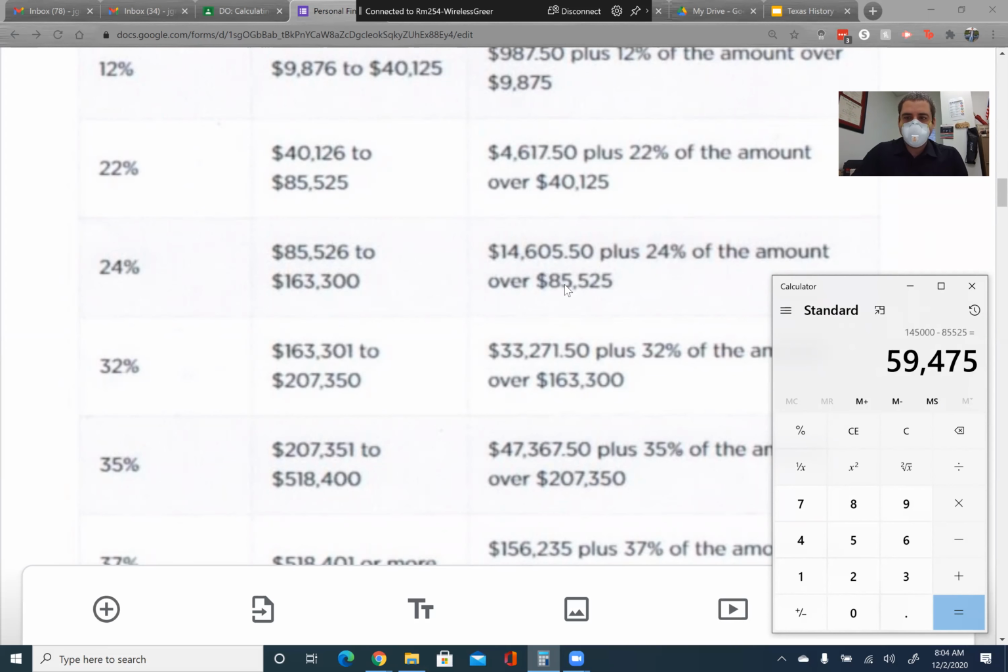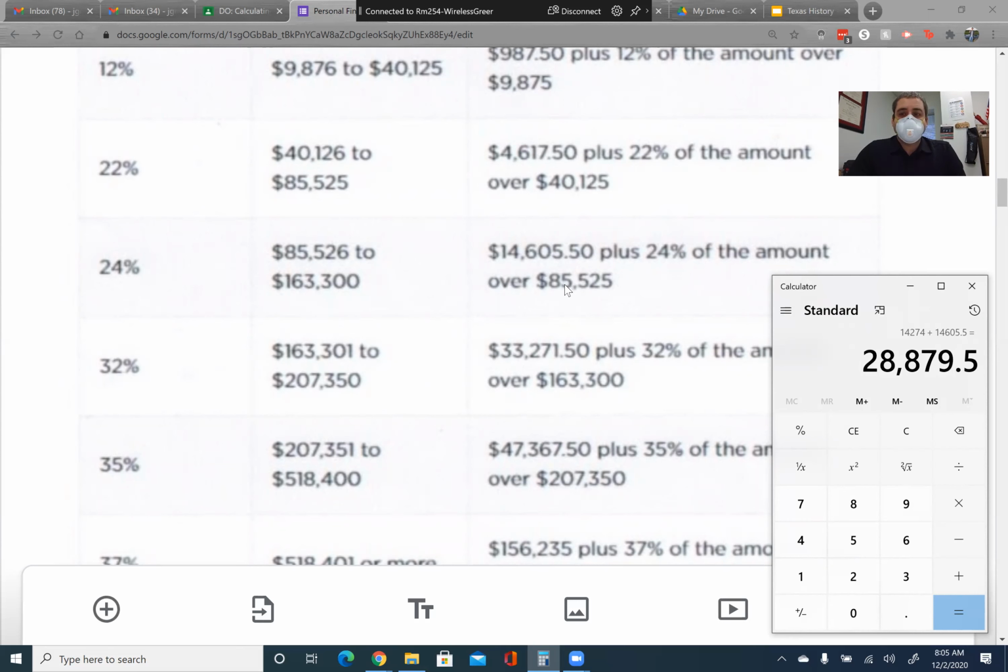Okay, done. Now what? Then you multiply it times 0.24. Okay, and then add the 14,600.50. And so our total: if you're making $145,000 a year, how much are you going to pay in taxes each year?